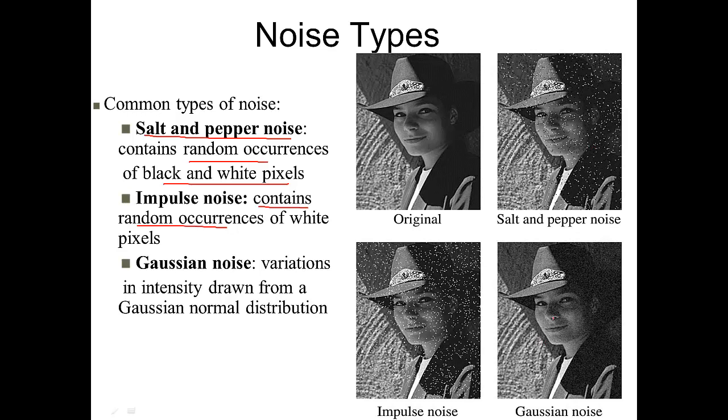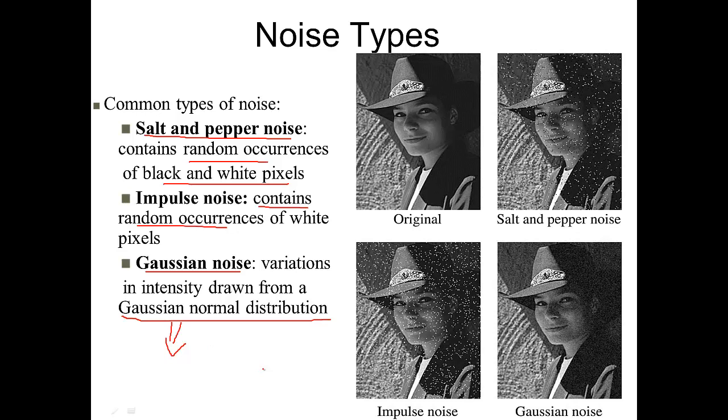There is one called Gaussian noise. The variation of the intensity value, the pixel value, is drawn from a Gaussian normal distribution. Again, this is a probability distribution.